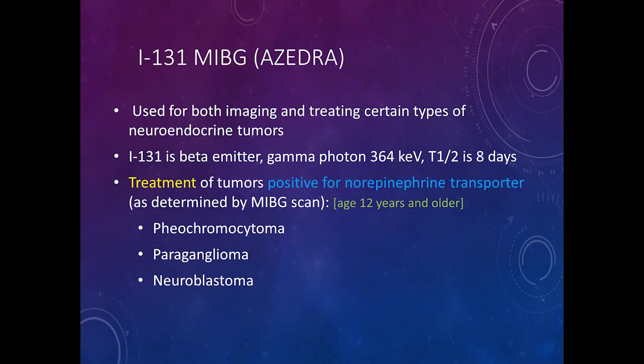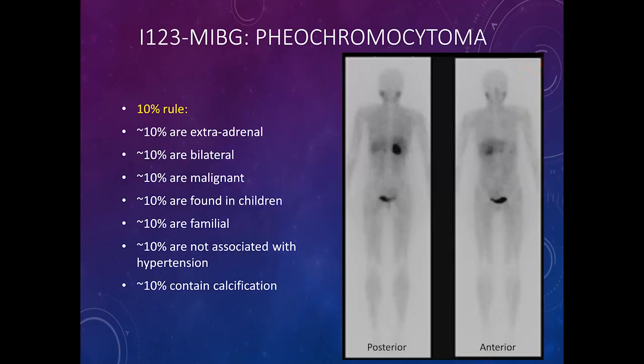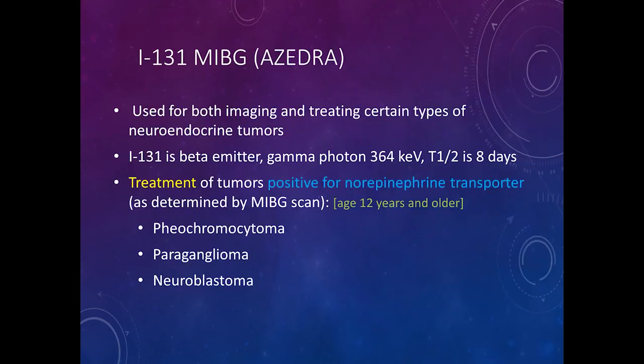So if you image this patient and you see that, like in the previous case, there is high uptake of the radiotracer MIBG in the tumor, it means that you can deliver a beta emitter in high concentration into the tumor. So in these kinds of cases, we will offer this patient treatment with Azedra, I-131 labeled MIBG.